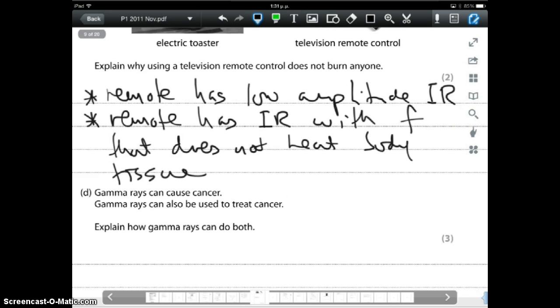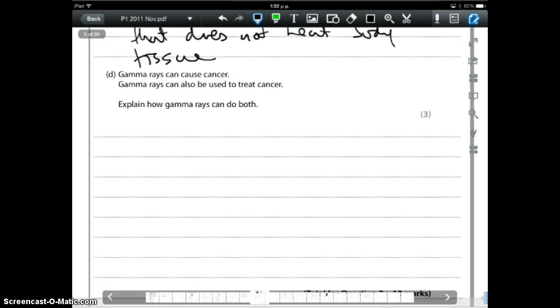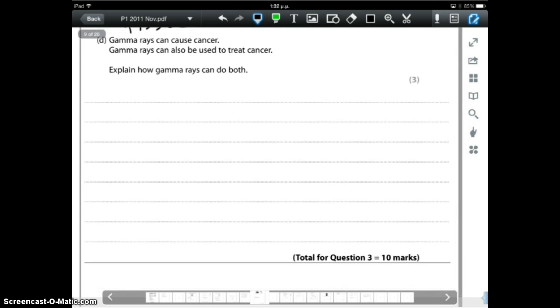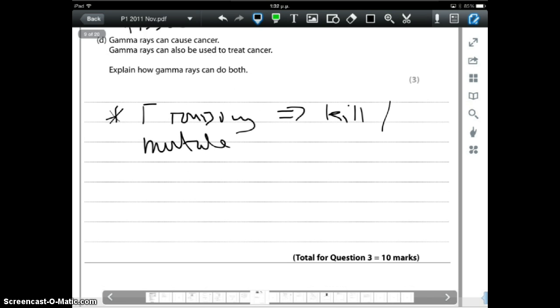Last but not least, gamma rays can cause cancer. Gamma rays can also be used to treat cancer. Explain how gamma rays can do both. Well, gamma rays are ionizing, so they kill or mutate cells.